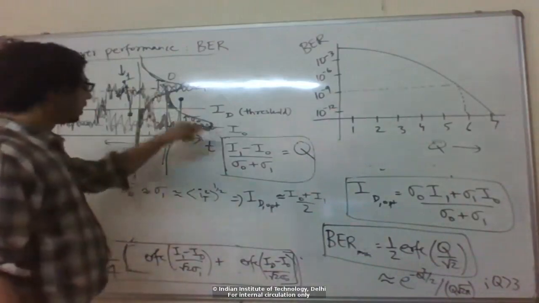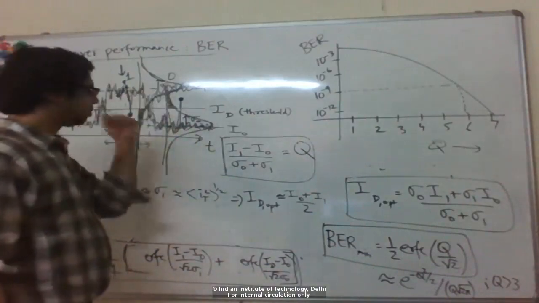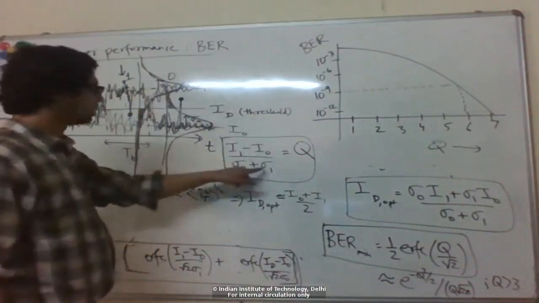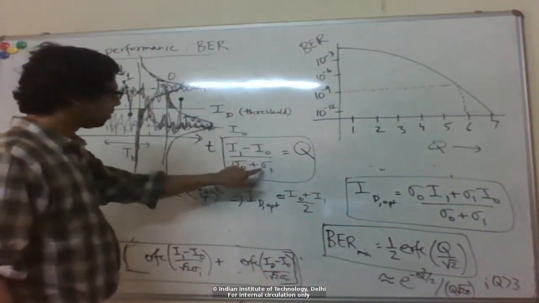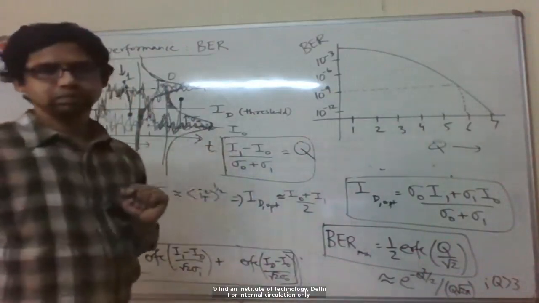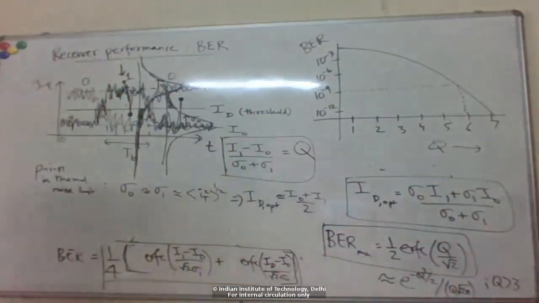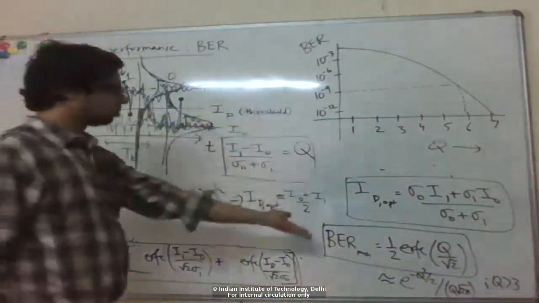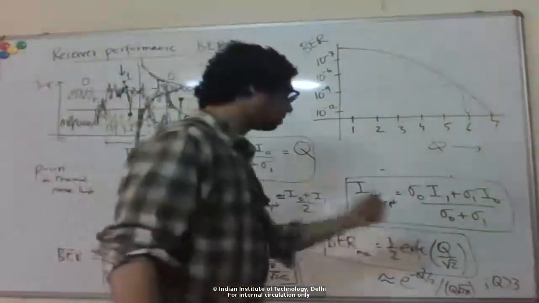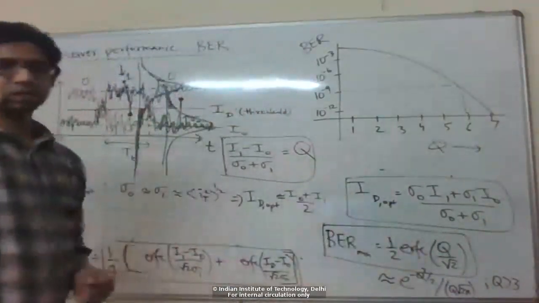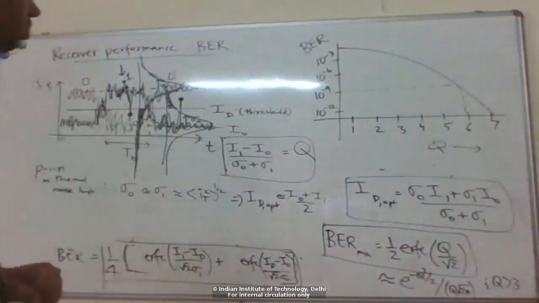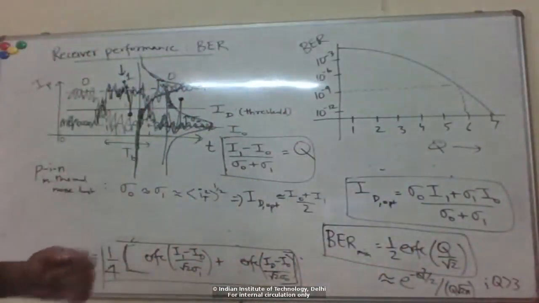But note here that the noise may not be additive, because if you include shot noise, then for example sigma 1 would depend on I1. So in that case, it's not going to be purely additive noise. But otherwise, you might have seen this expression of the complementary error function and these things before in other kinds of communication systems also.